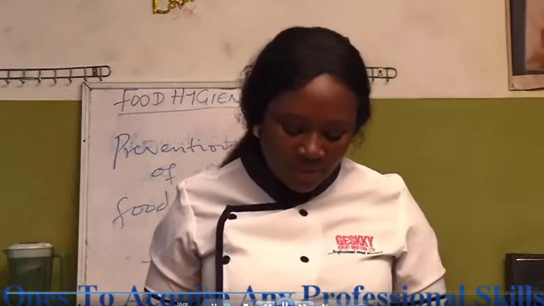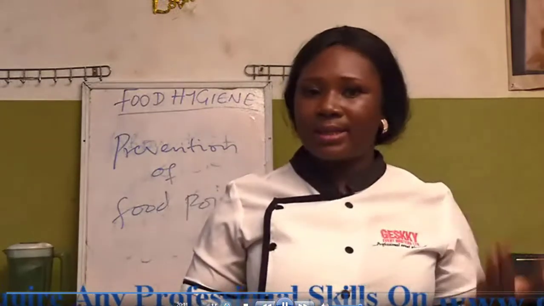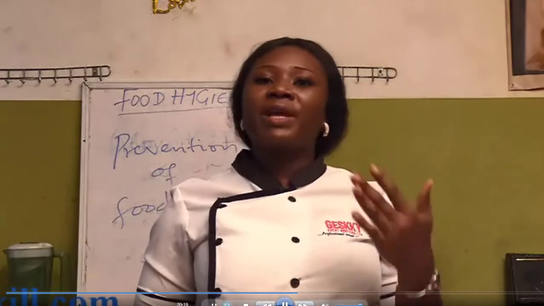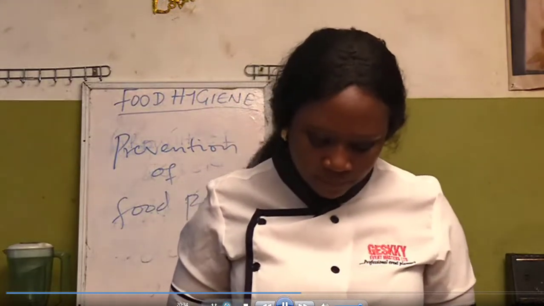You can also prevent food poisoning by taking care and thinking ahead, taking care of your body, your environment, and thinking ahead on what to do to prevent this food poisoning. You don't just allow the situation to come before you know what to do. As a professional caterer, you think ahead. You know what you are supposed to do at every given point in time.